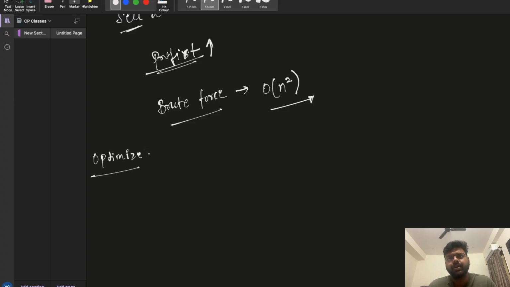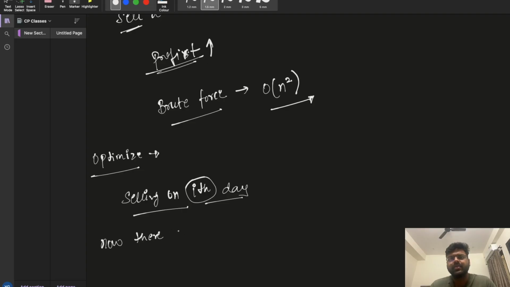Now to optimize this particular approach, let's try to think of it this way. If I'm saying that I'm selling a stock on the ith day, then there is some jth day from 0 to i to buy a stock.